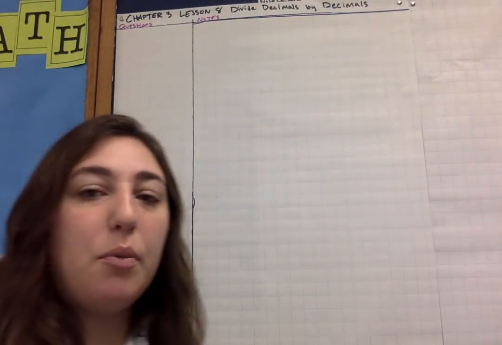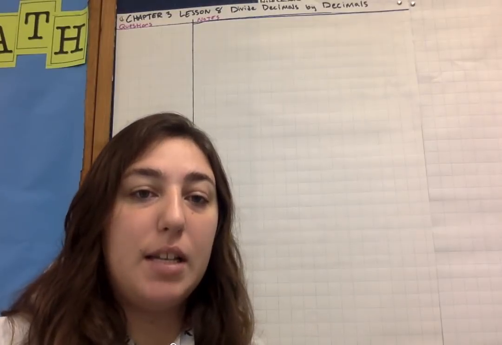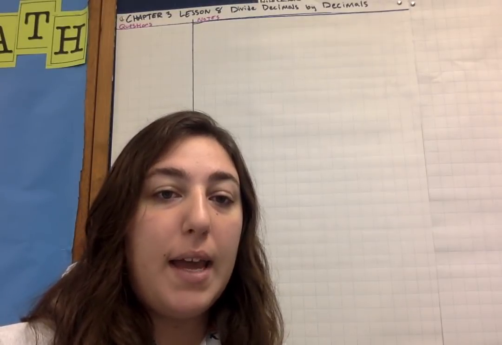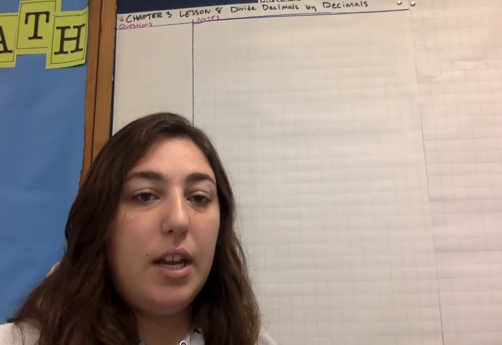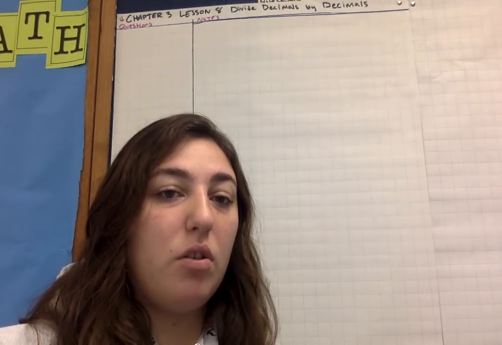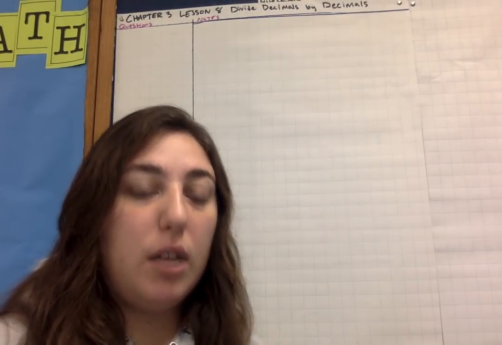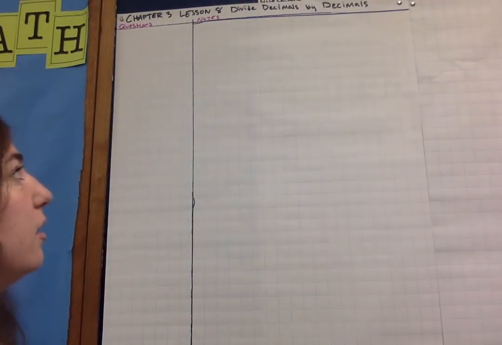First thing we're going to do when we're dividing decimals by decimals is we're going to multiply the divisor and the dividend so that the divisor is going to be a whole number. So let's write down what that's going to look like.